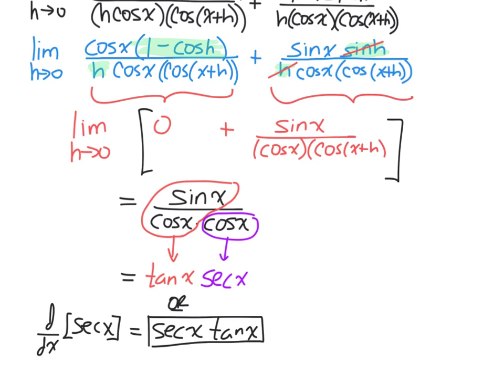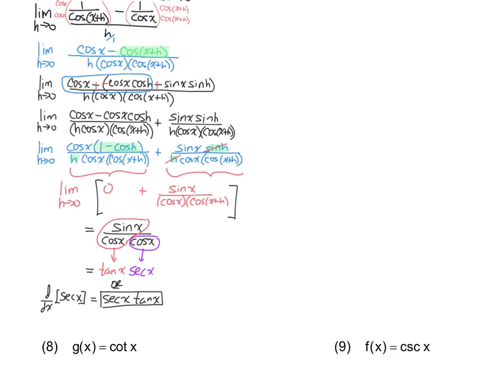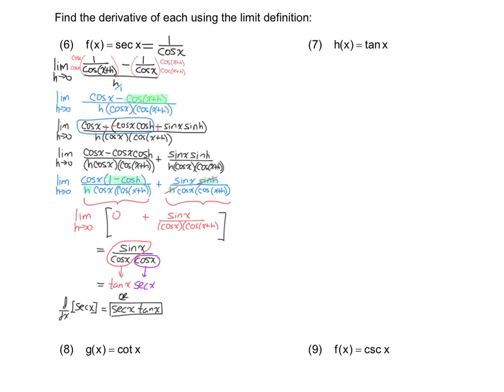I just wanted us to get to what every textbook calls the derivative of secant, whether we like it or not. So we have other problems here, like tangent, cotangent, and cosecant.